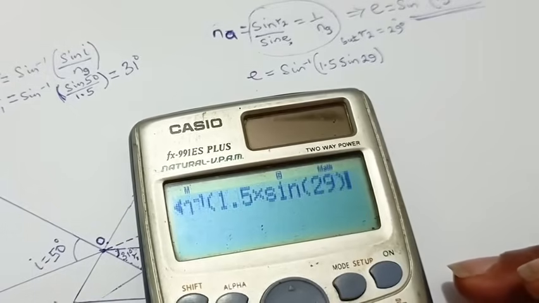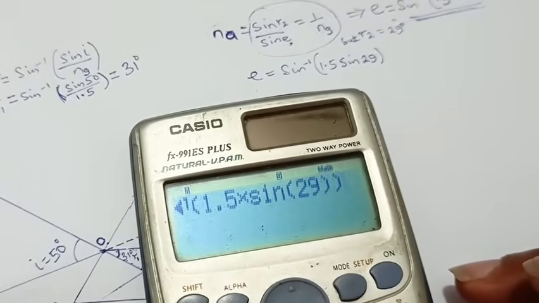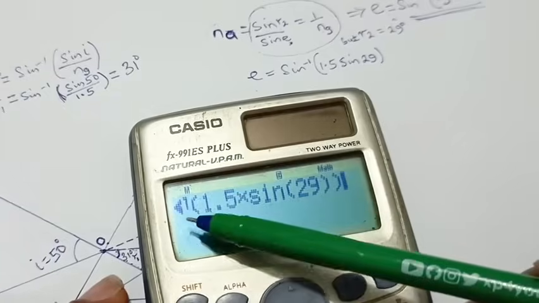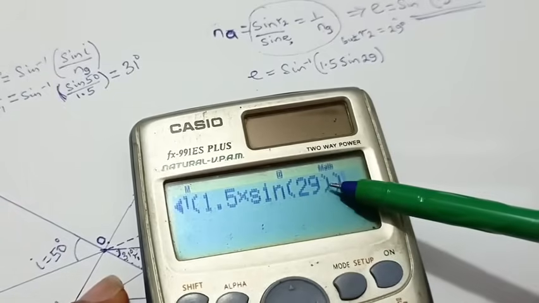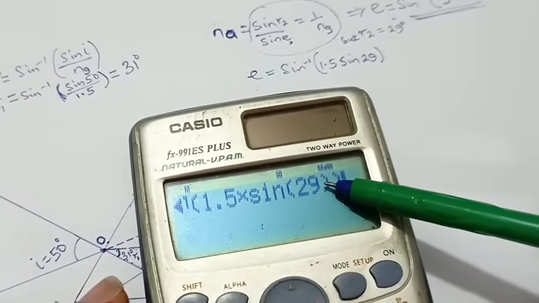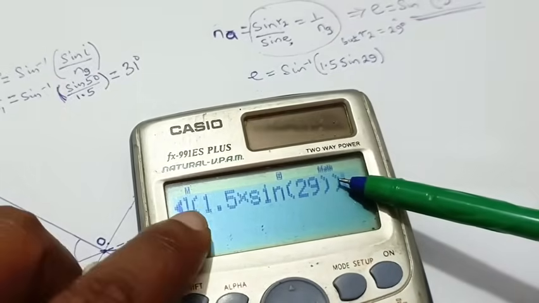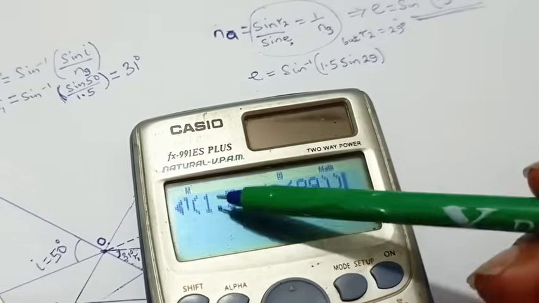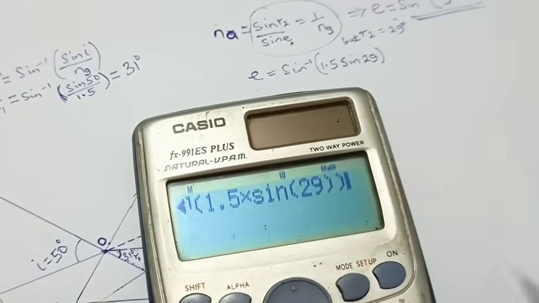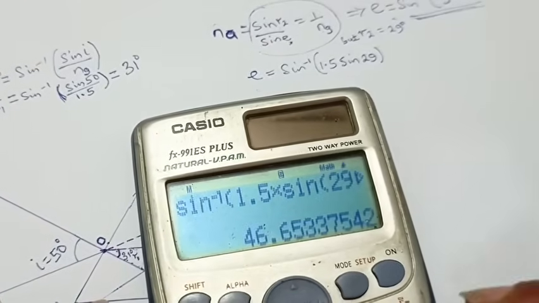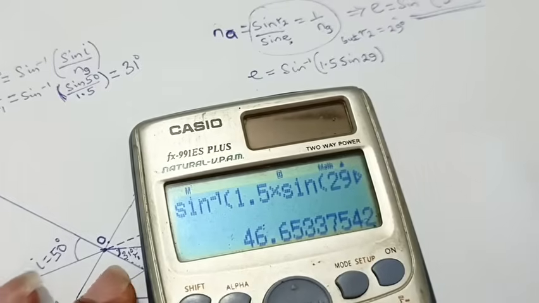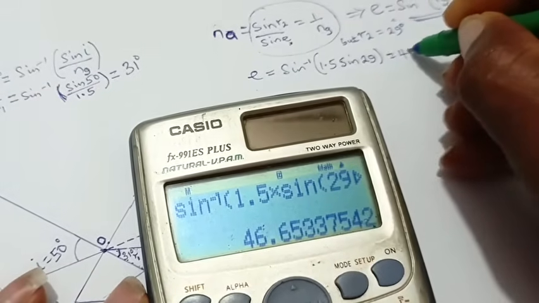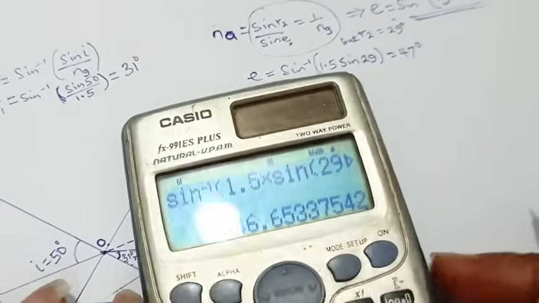You have to close this and close it again because of the first bracket you opened here. This inner bracket closes that 29, and then this one closes that 1.5. If you don't do this and you want to press it once, you'll get a wrong answer. So let's see what we get here. 46.6, which is approximately 47. So this is 47 degrees.